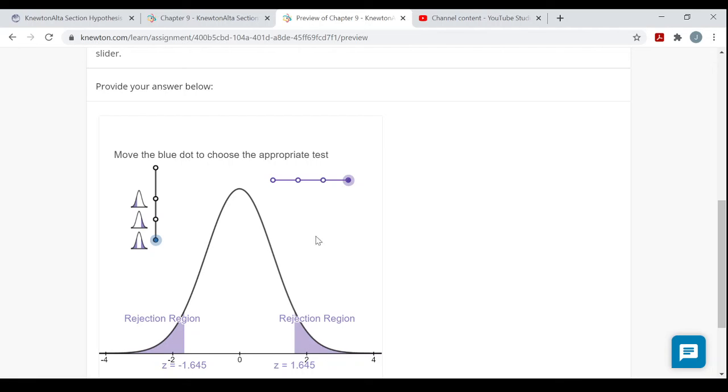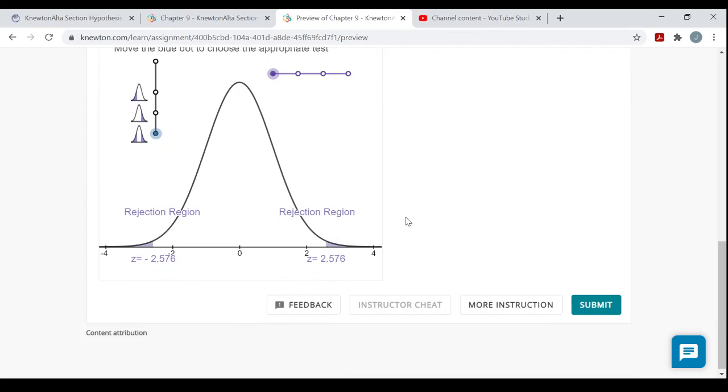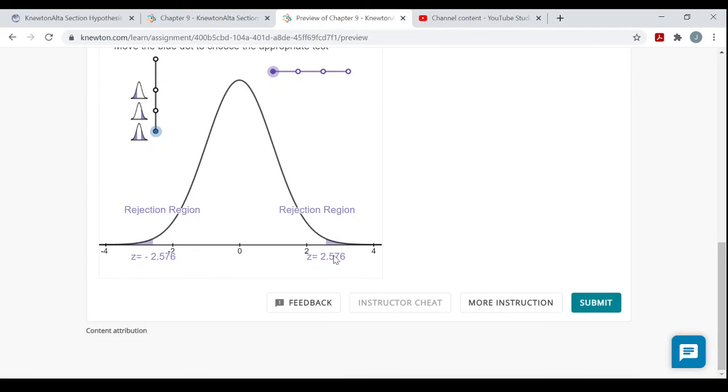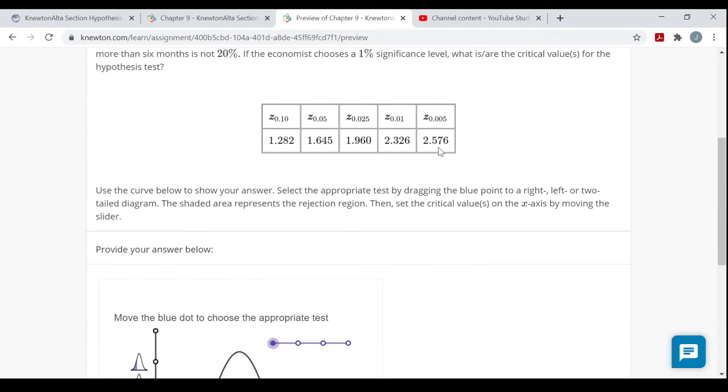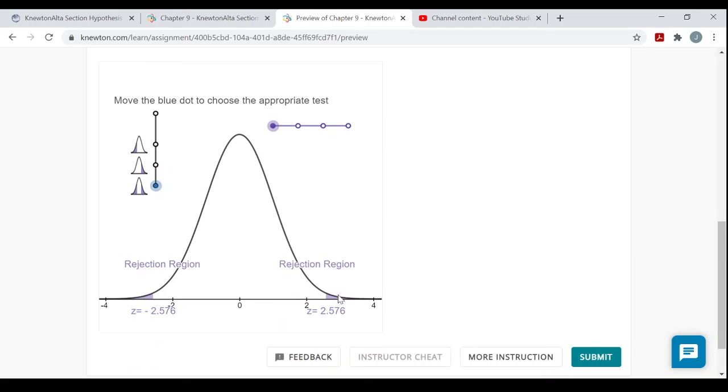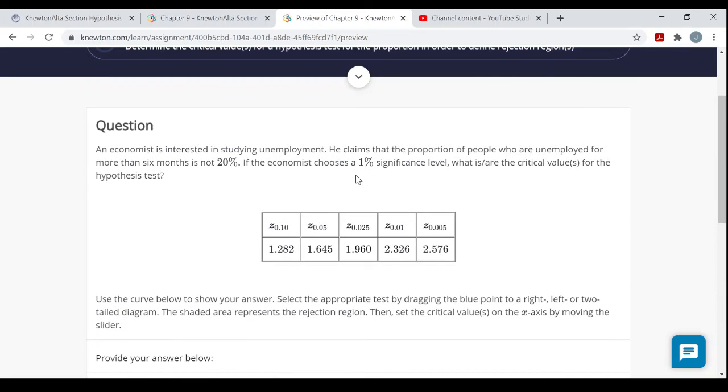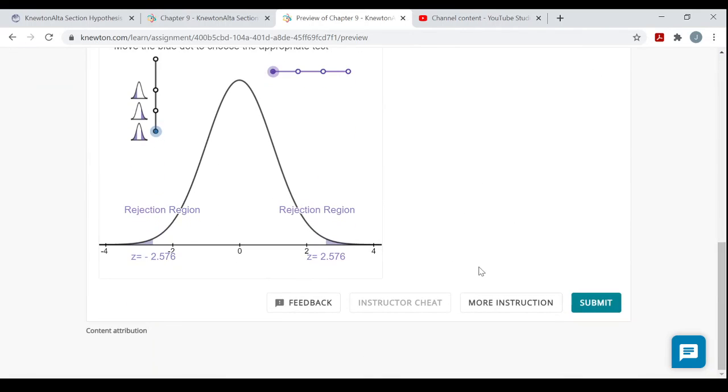The total of these two areas would be 10%. Move it to where my critical values are 2.576 and negative 2.576. And you see again this area here is 0.5%, this area over here is 0.5%, making a total of the 1% significance that I want. And that's all we're asked to do.